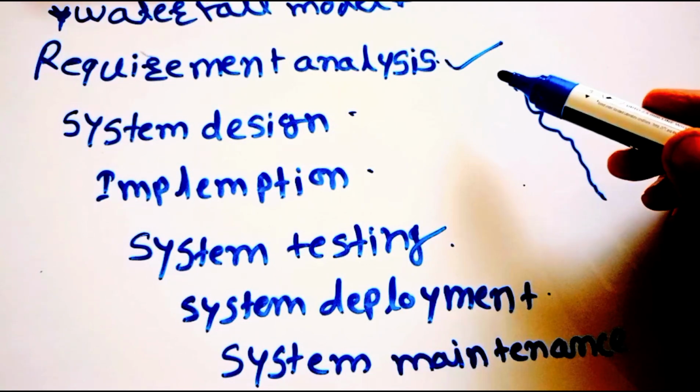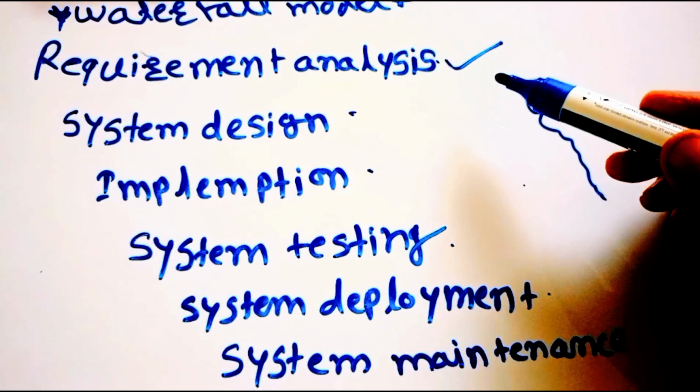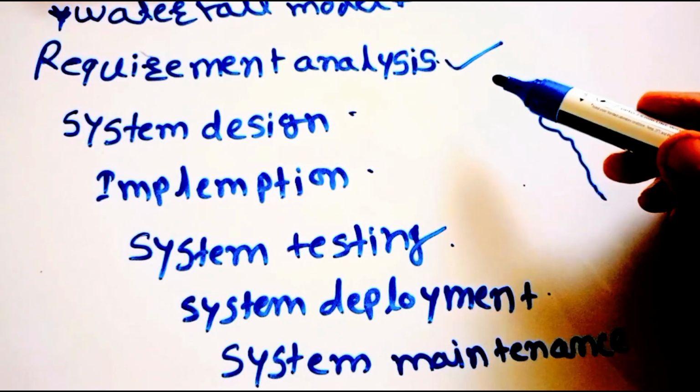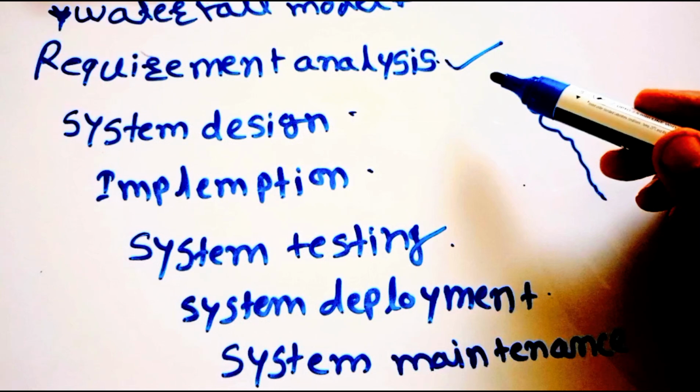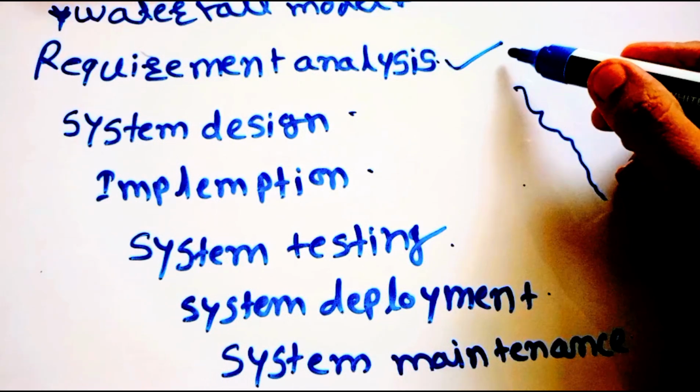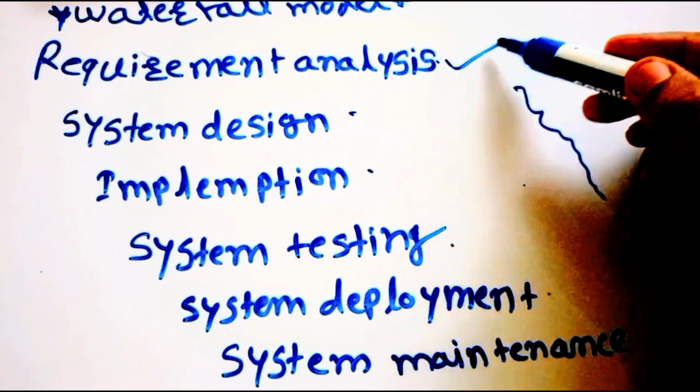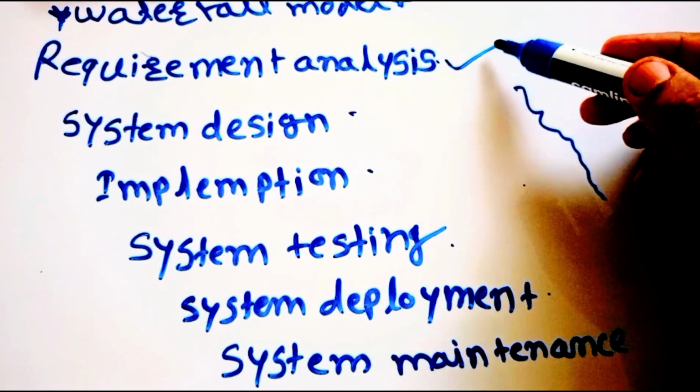It is crucial to get this right, as it forms the foundation of the entire project. If the requirement analysis has doubts or incorrect requirements, that may result in failure of the project. So this phase is important.